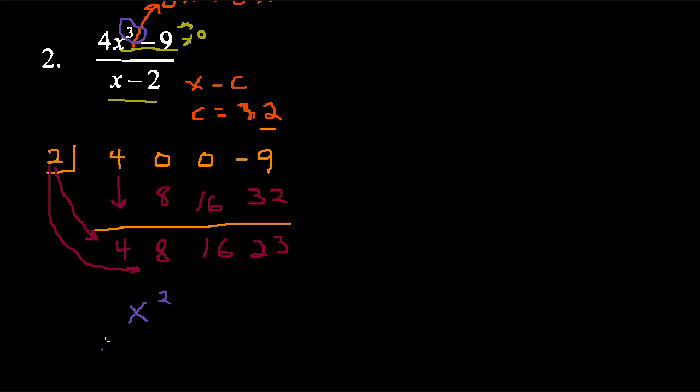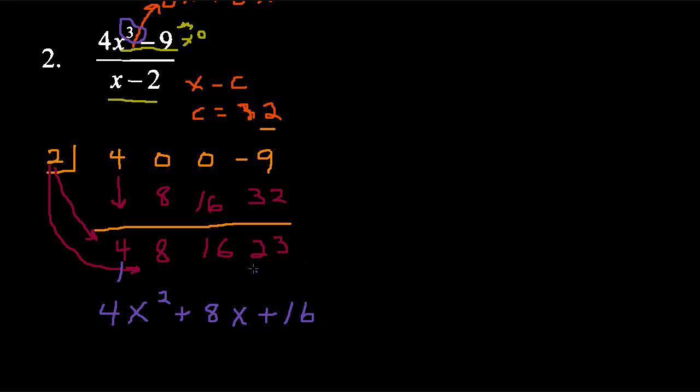And what's the coefficient? Well, we just bring it down. It's that 4 that we have right here. And then we just continue in descending powers. So the next one is a plus 8. And that would be x to the first power. Then finish it up, plus 16.